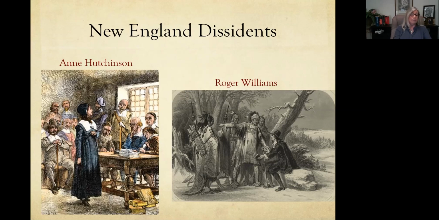She was having religious meetings within her home, and she was interpreting passages of the Bible, which was horrifying to the leadership of Massachusetts Bay. So she was called into court and was charged with dissension among the Puritan believers.